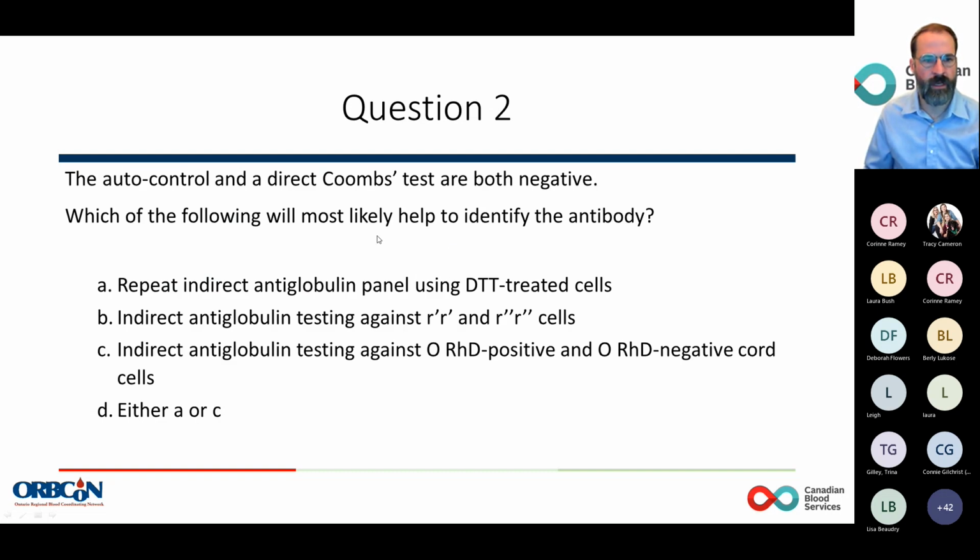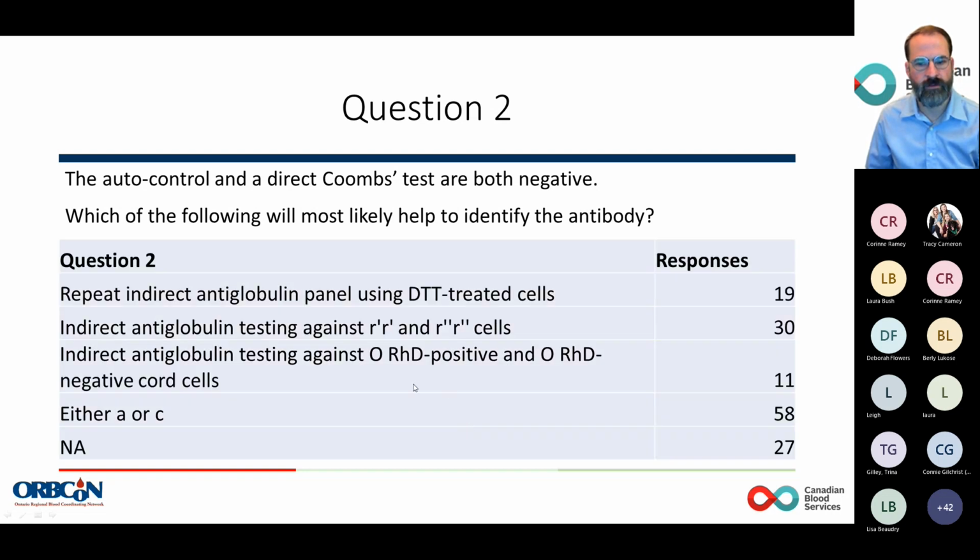Question 2, the autocontrol and direct Coombs test are both negative. So which of the following will most likely help to identify the antibody? So our options here are repeating an indirect antiglobulin test using DTT treatment, indirect antiglobulin testing against R prime or R double prime cells, indirect antiglobulin testing against O RHD positive and O RHD negative cord cells, or either A or C. So in terms of responses here, a bit of a mix.